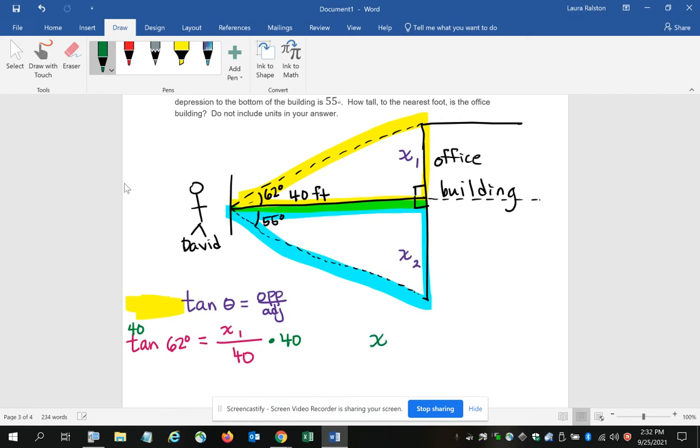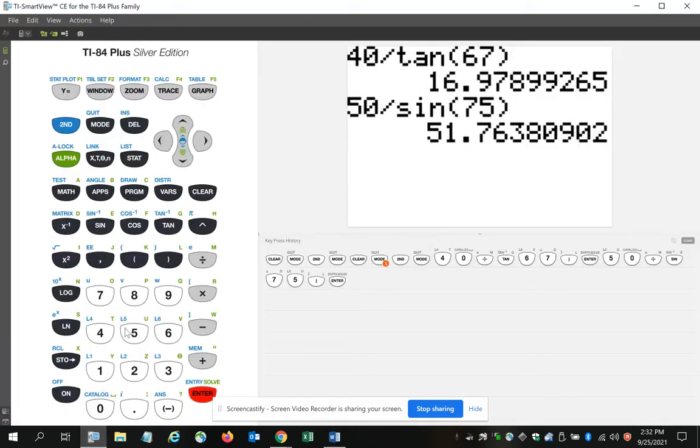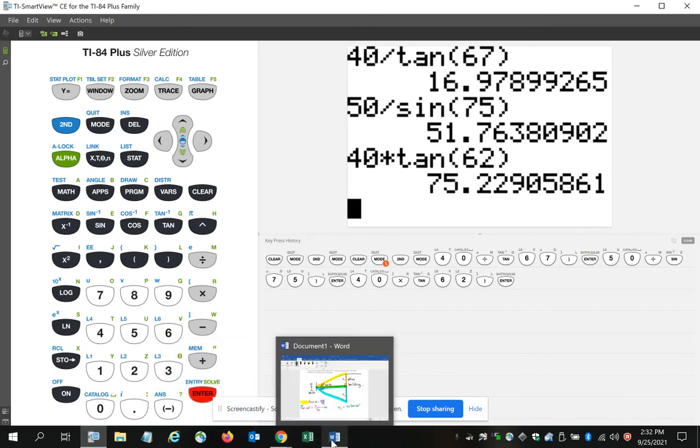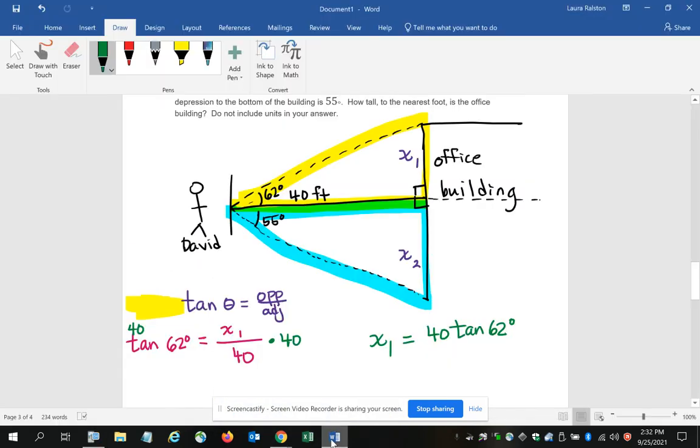So I'm going to have x1 equals 40 times the tangent of 62 degrees. So for the yellow triangle, I'm going out to my calculator. 40 times the tangent of 62 degrees, which gives me 75.229. I'm going to round it for now.